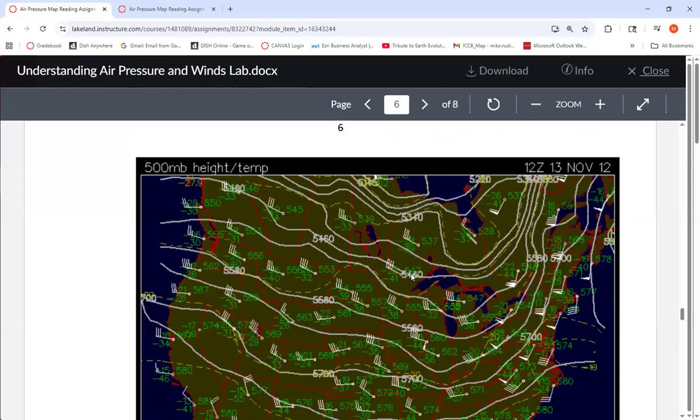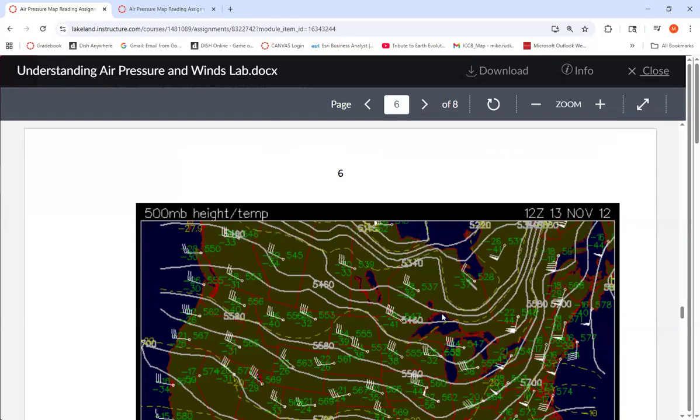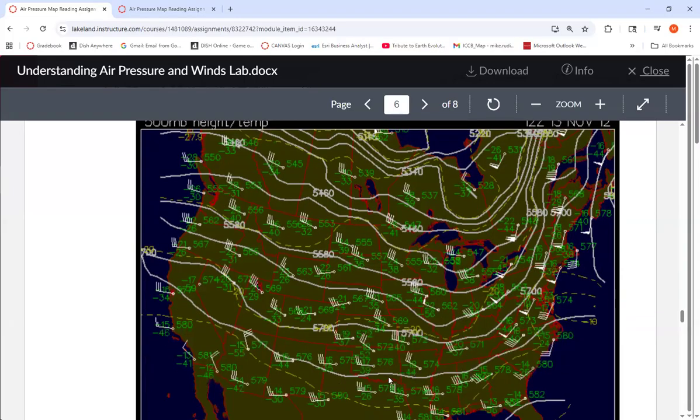Over Canada and the northern United States, they're about 5,400 meters. These lines are about 400 to 500 meters higher than the lines over Canada. This means if you were to look at this 3-dimensionally, these lines are tilted higher and sloping downward. So if you were on a slide, you would be sliding this way, okay?